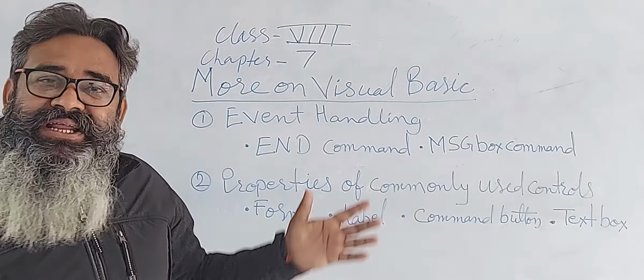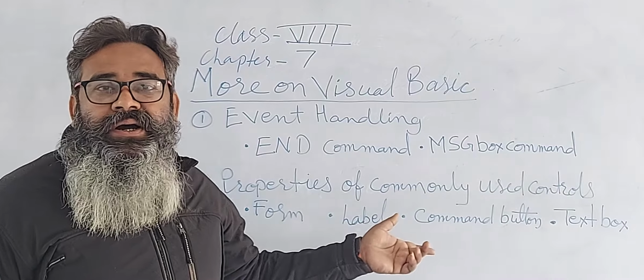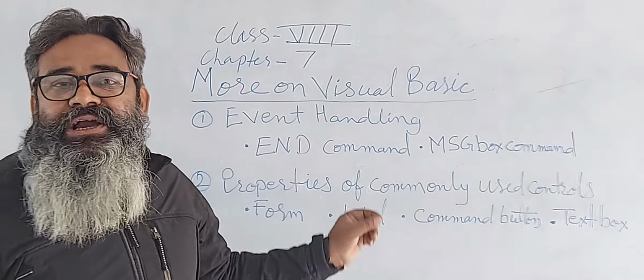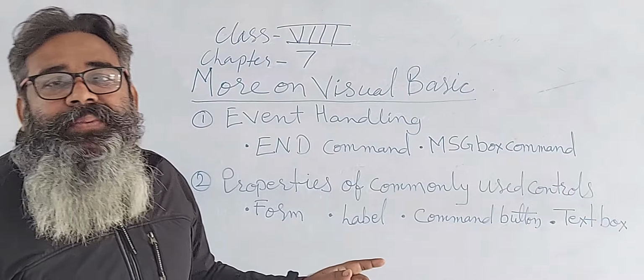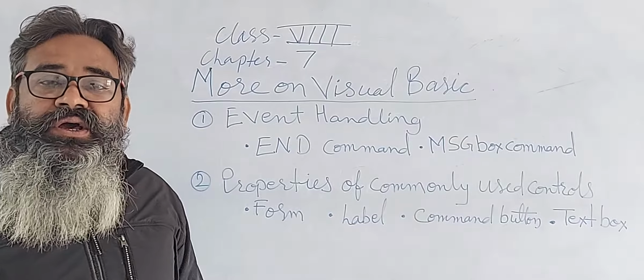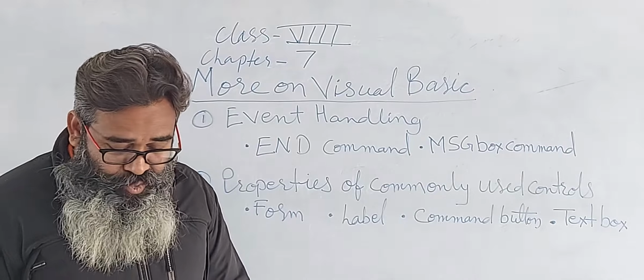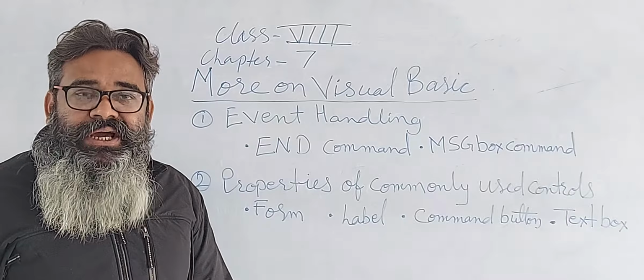Simply, we create a form, design a command button, and click on the command button. A coding display window will appear. Type Welcome to your first program and run the form. You will see the following output.